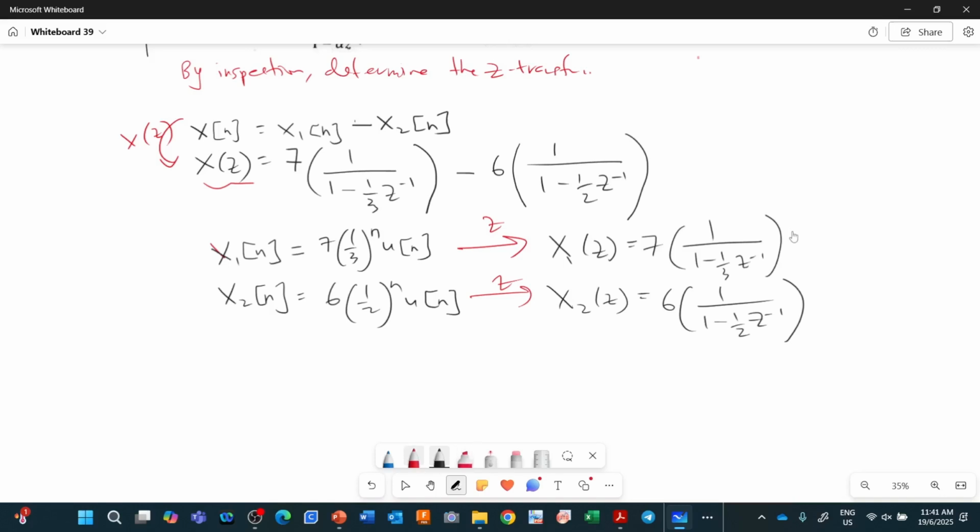Then only you combine it. Therefore, X(z) equal to X1(z) minus X2(z).